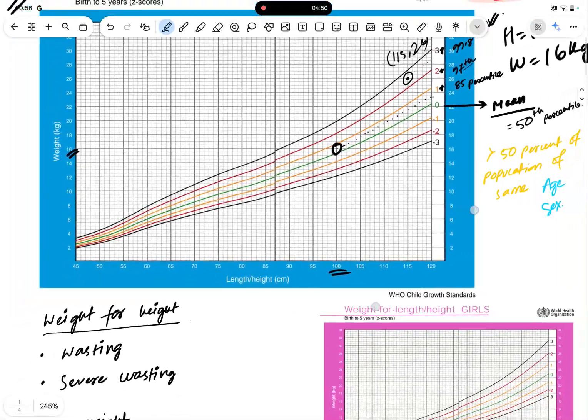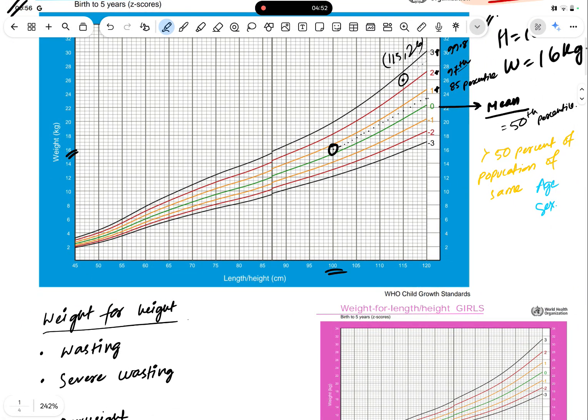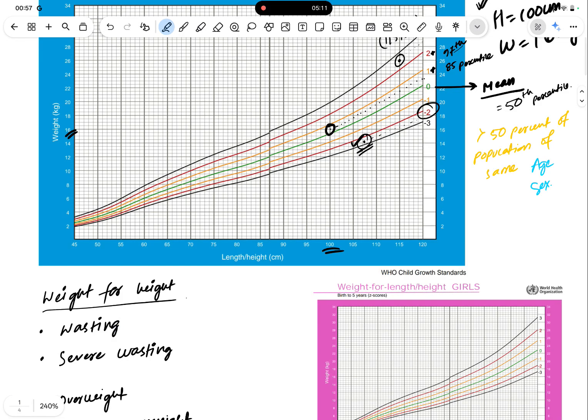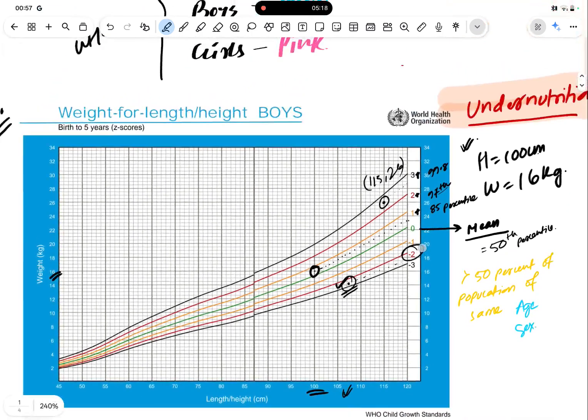That is, if the graph is falling here, suppose if we take a point here and trace it back then it is less than minus 2 standard deviation, right? At that point we can say that the weight is very less compared to the height attained by the child. So this is an indicator of undernutrition.